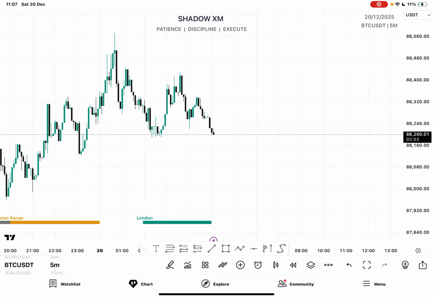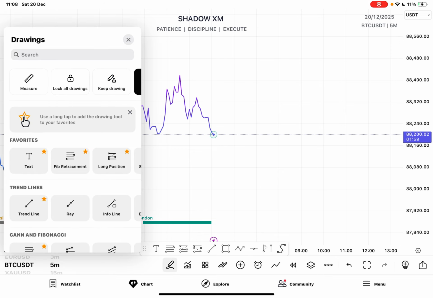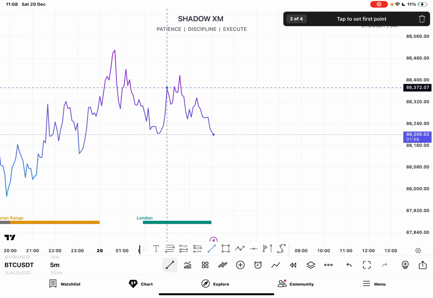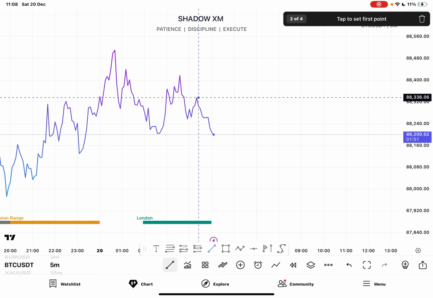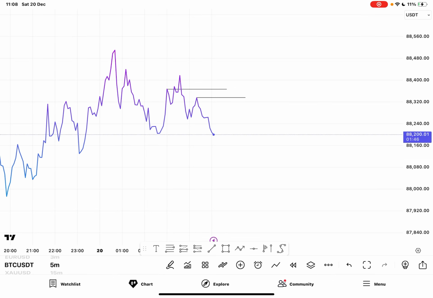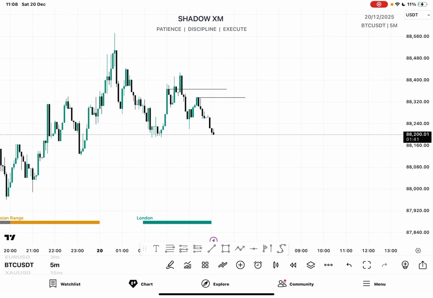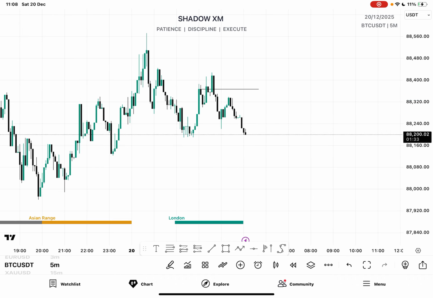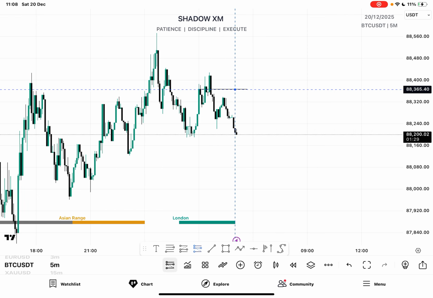For that, I usually use two stuffs. I usually mark out the key zones there. So for the sale, I might use this.